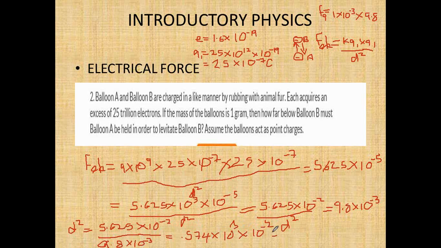When you simplify that, you have 0.574 times 10. But this is d squared, so this is equal to 5.74.